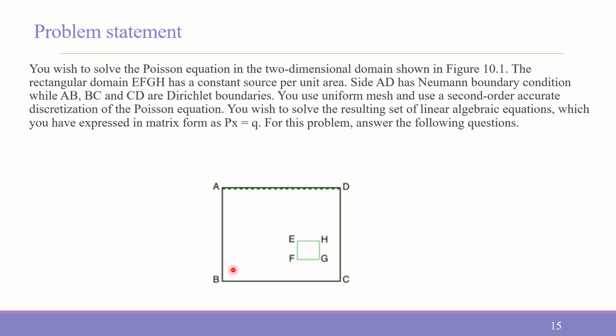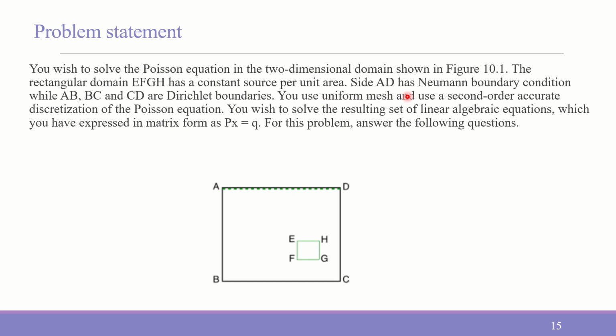So here it is a constant source, not variable or a function. So it in no way affects the diagonal dominance or even the matrix P, because it is a constant source per unit area. Side AD has a Neumann boundary condition, and EB, BC, CD are Dirichlet boundaries.